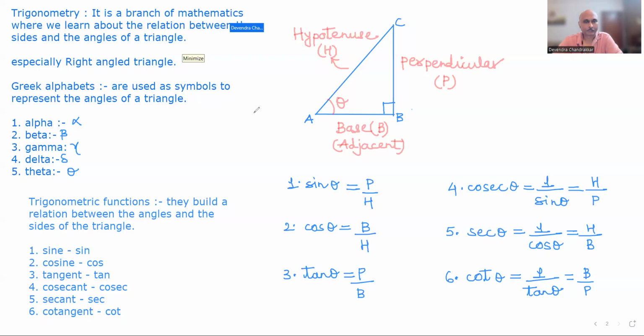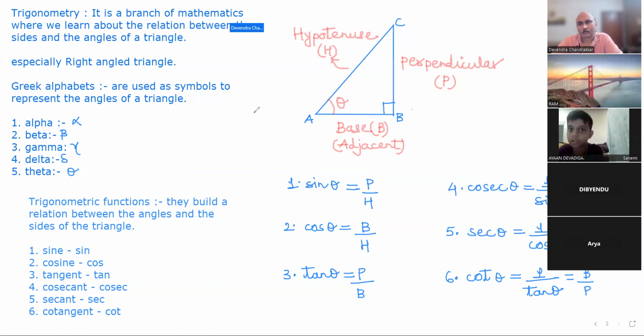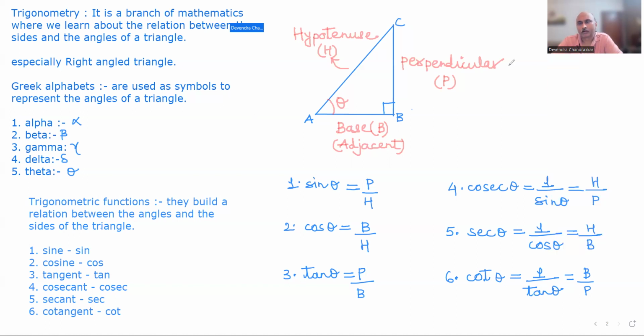Sir, in which standard are we going to trigonometry? Usually it starts in 10th standard, right? But if you want to learn physics properly, there are 3 topics which you should know beforehand: trigonometry, vectors, and basic calculus.